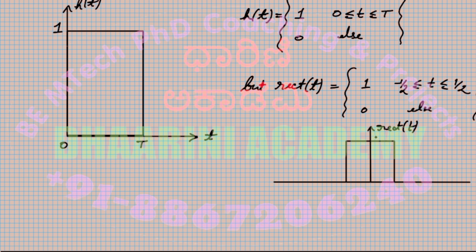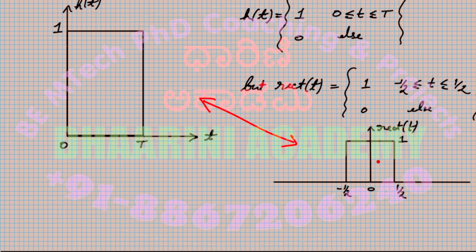It's present on both sides. Amplitude is 1, that's fine, and it is between minus half to plus half. Now you can make a comparison, right? The comparison between the two functions, you try to make a comparison.